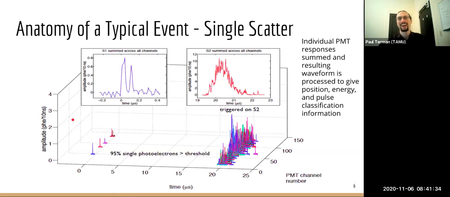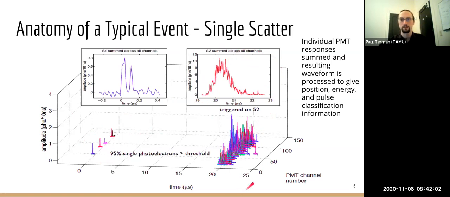Now, LUX has two PMT arrays, both above and below the main body of the detector, filled with 61 photomultiplier tubes. Each one of those tubes has a waveform output. As you can see here, each one of those PMTs contributes one little blip waveform here, here, here, here. They are summed together to get the summed S1, as you see on this example, on the left.